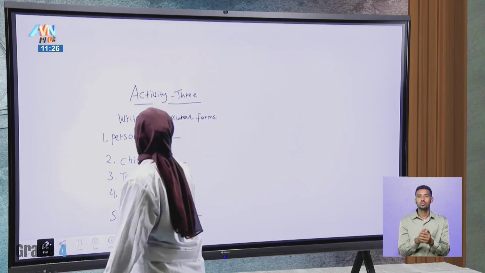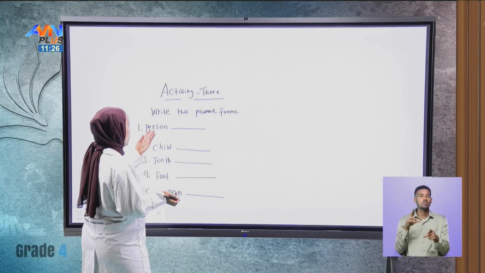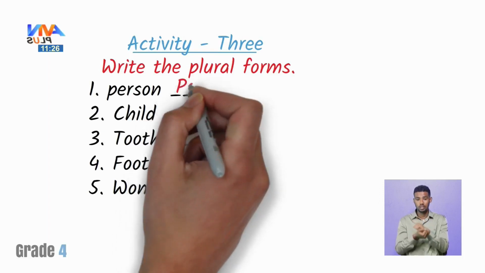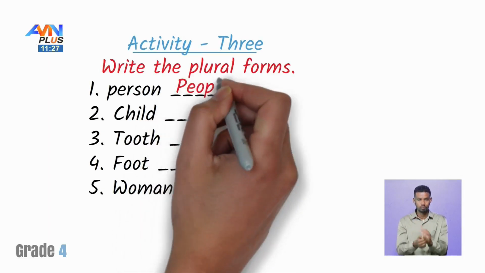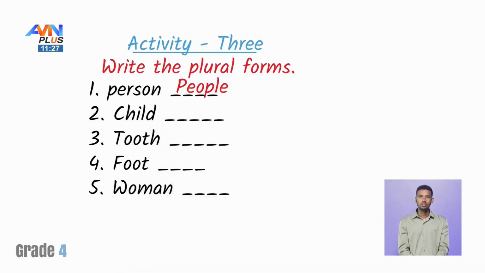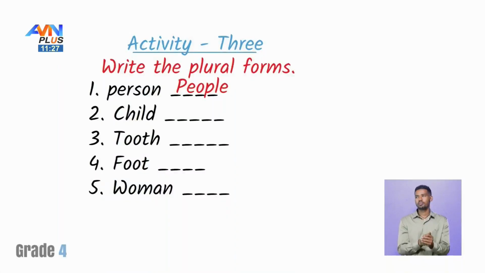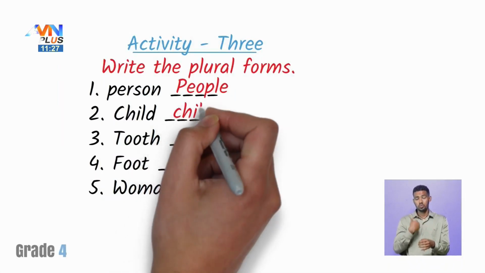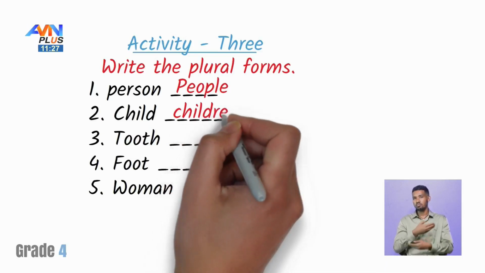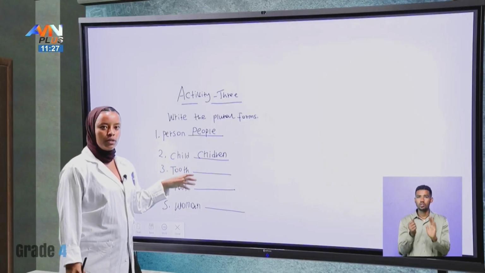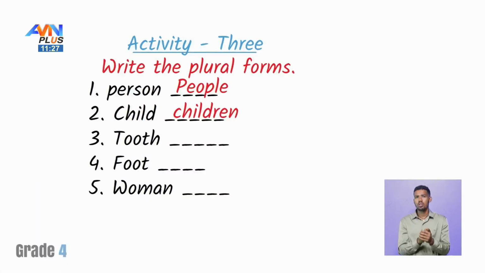When we say person, we don't add S at the end of this noun, but change it to people. Person, people. Child, like the same, we change it. Child, children. Tooth, with what? Teeth.